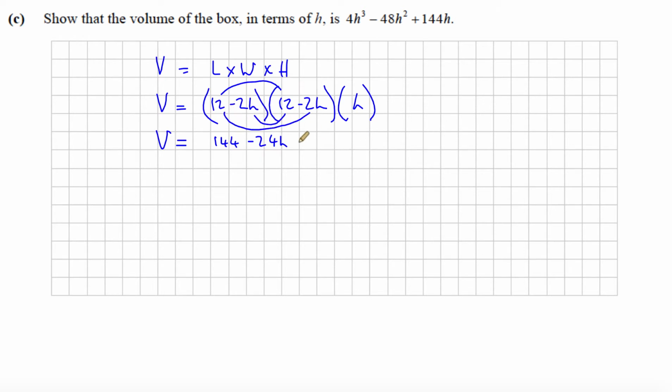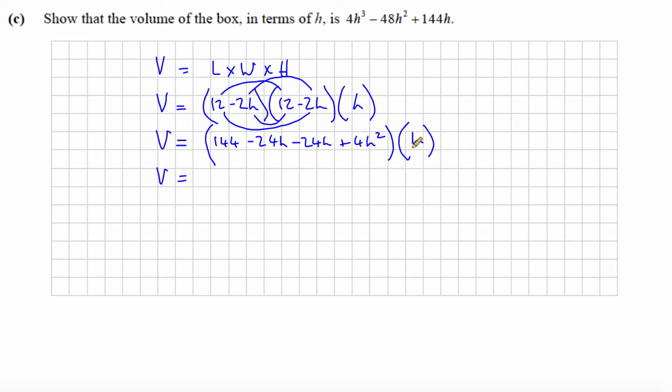The 12 by the minus 2h again is another minus 24h. And finally, minus 2h by minus 2h is plus 4h squared. So there we go, that's that bit done, but I still have the h there on the outside. This h, I haven't dealt with that yet.